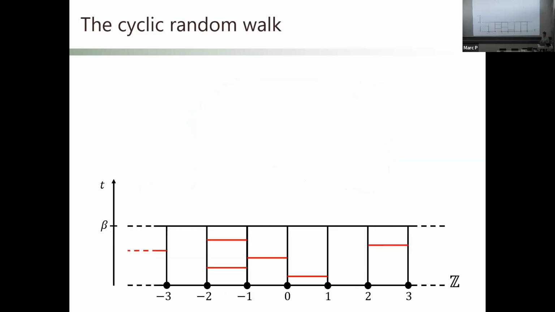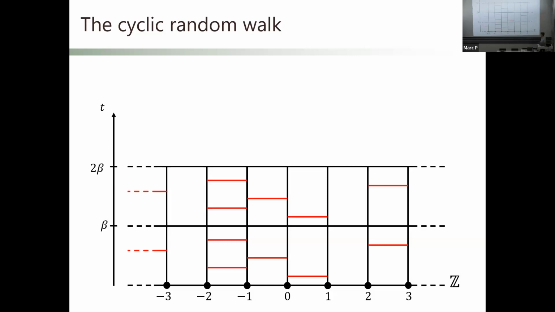Okay, so I can give a different representation of a cyclic walk, sort of more graphically. So I'll put the graph on the x-axis, and just to make things easier, I'll let the graph be Z. And then for each vertex, I'll have a vertical line representing time. I'll place a horizontal red line every time we do a transposition between two of those vertices. And now because it's cyclic, I'll repeat the same pattern every time beta.